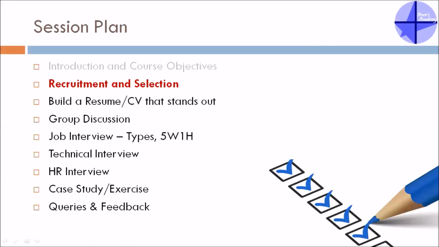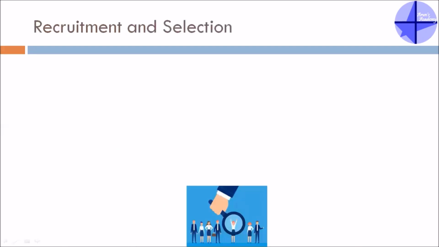Let us now get into the session on recruitment and selection. To begin with, let us understand the difference between these two terms, recruitment and selection. Normally, both these terms are used interchangeably but are not the same.